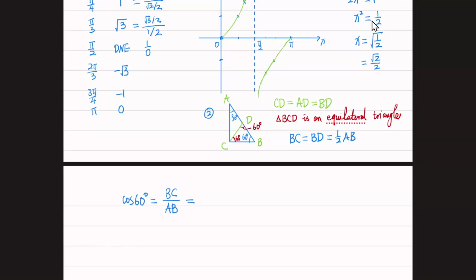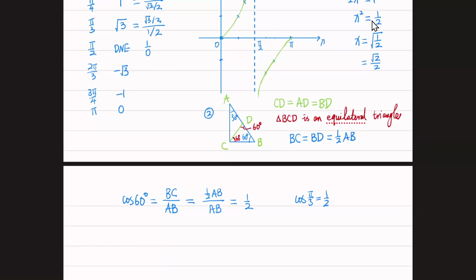Okay, using the result here, BC is half AB. So that would just be half AB divided by AB. That's just going to be 1 over 2, a half. This is how we find that cosine is 1/2. So we found the ratio, we do it by finding the ratio.